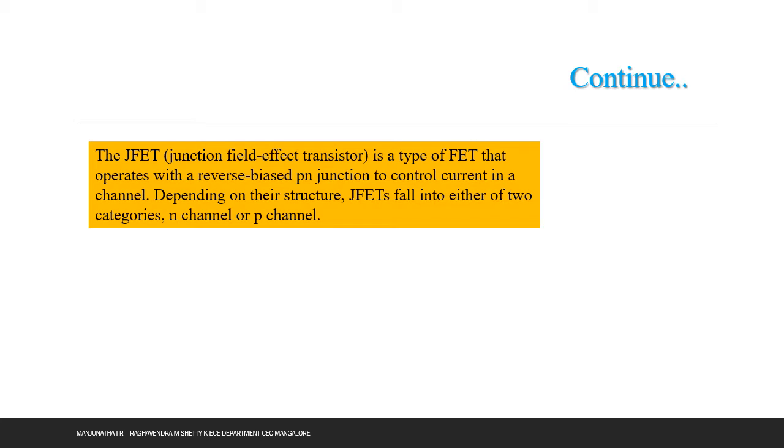The meaning is, when we have selected a JFET, between the PN junction we want to make that device in reverse biased condition, not in forward biased condition, to control the current through the channel.